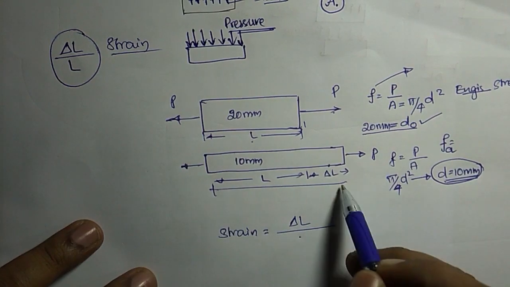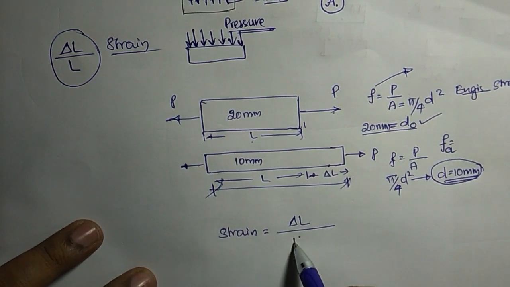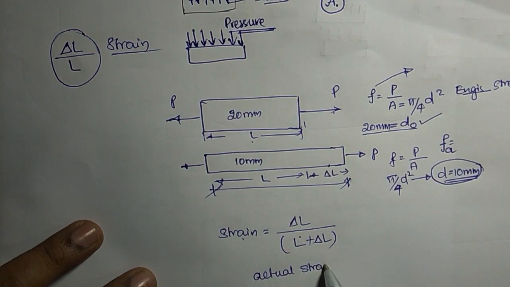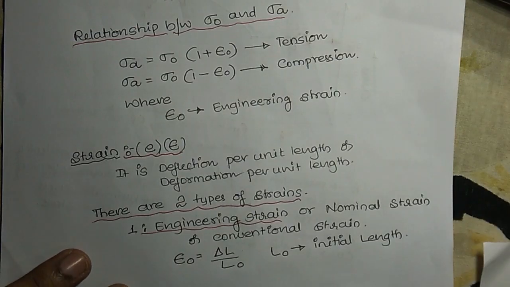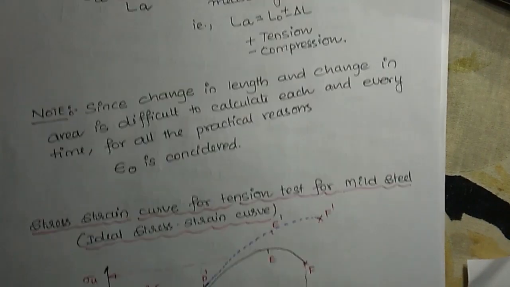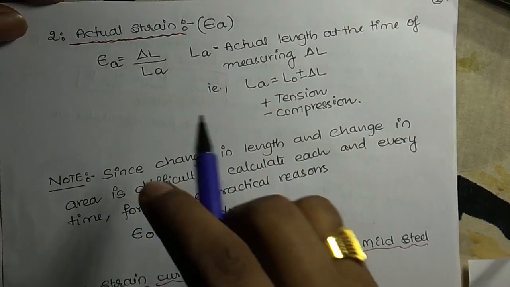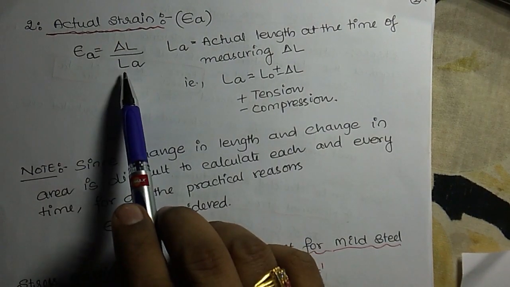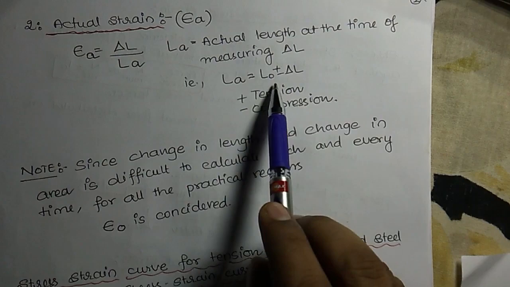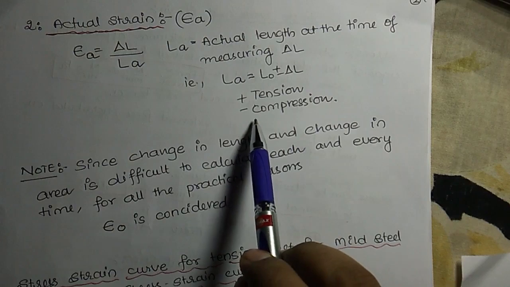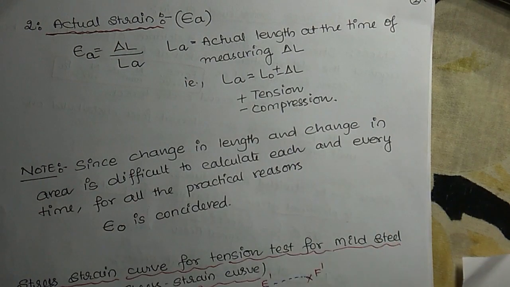If you consider the length L plus delta L for the calculation of strain, then it is called actual strain or true strain. This is the main difference. The second case is the actual strain, epsilon A, which is delta L divided by the actual length, where the actual length is the initial length plus the change in length. If tension, it will be plus. If compression, the length will be reduced, so it will be minus delta L.